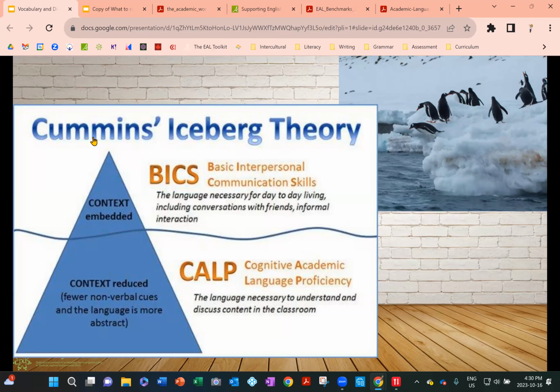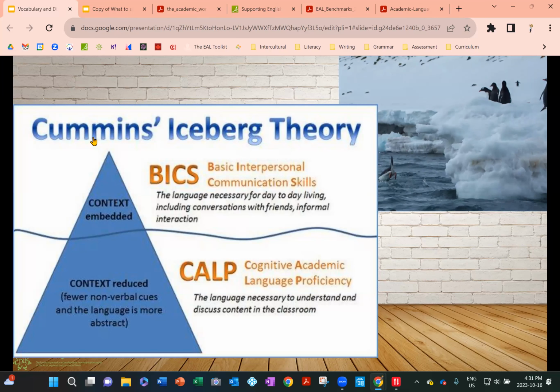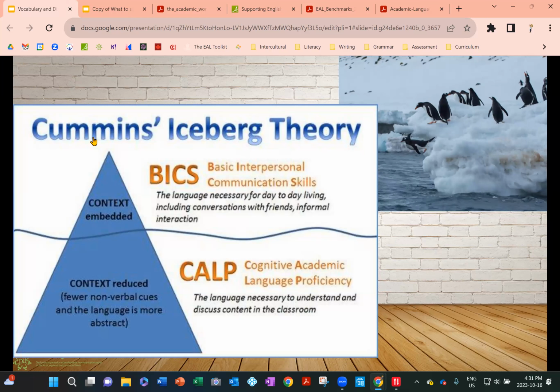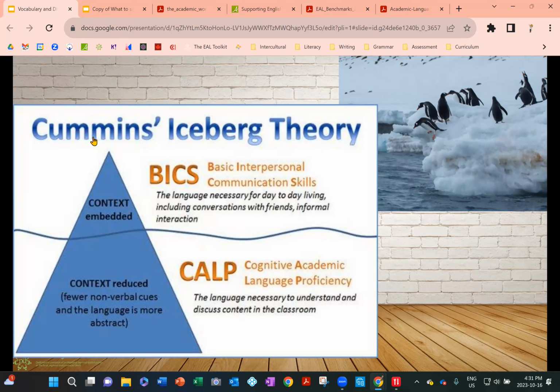But then when we go to cognitive academic language proficiency, that's the language of school. And I don't know about you, but in my family, we don't really talk around the dinner table about the comparisons between Macbeth and Hamlet.